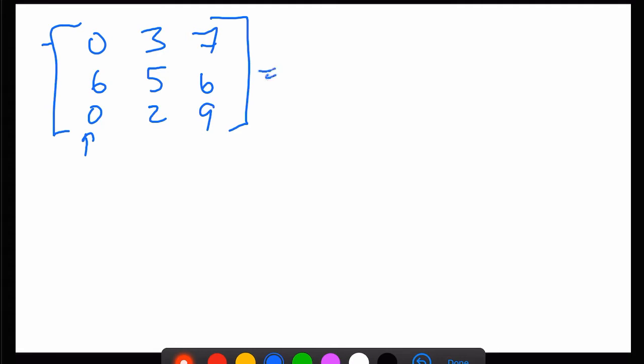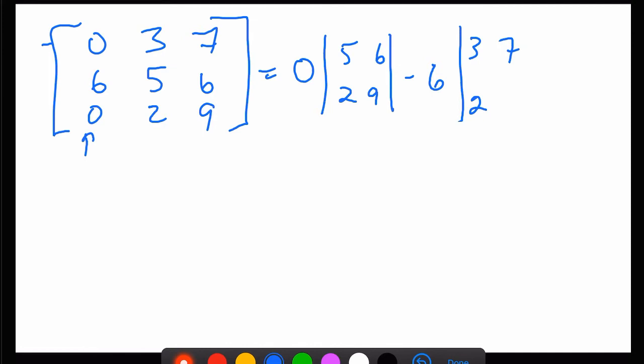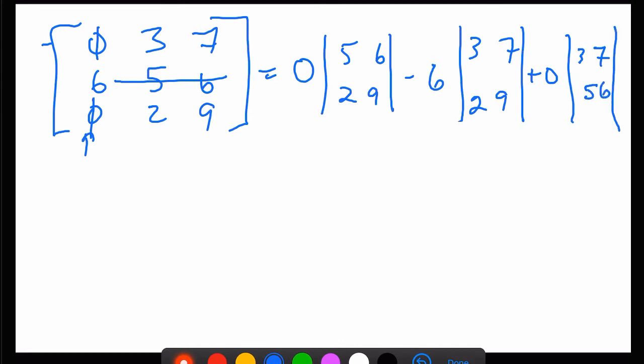So go back. I don't want to use this. I want to do this. So that 0, I put a 0 in, 5, 6, 2, 9, minus 6, 3, 7, 2, 9. Get rid of the row, get rid of the rest of the column, plus 0 times 0, 3, 7, 5, 6.